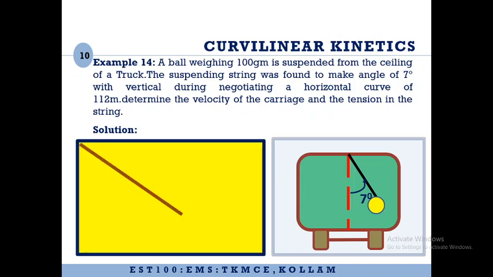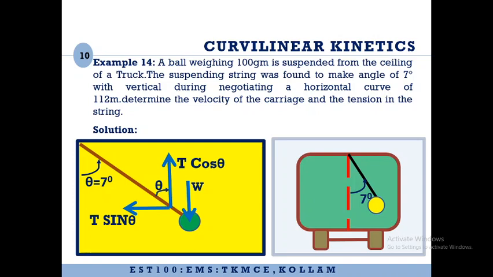So let us consider the free body diagram of the ball at that instant. Again, the forces acting on it are the weight acting vertically downward, and tension acting along the string. We can resolve the tension into its vertical and horizontal components.